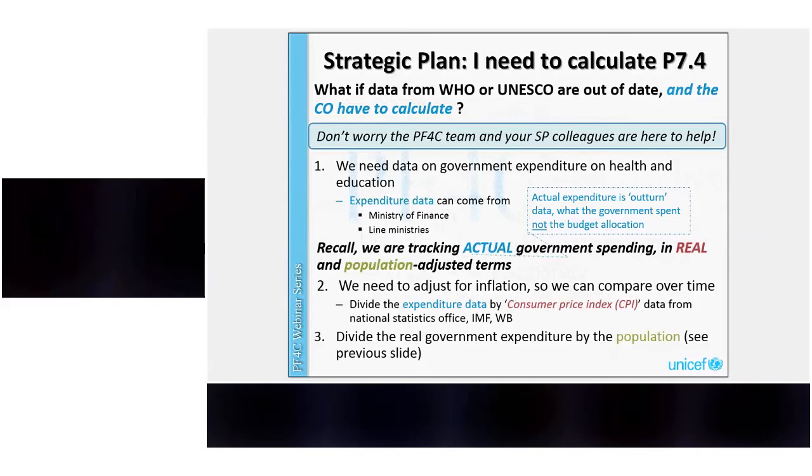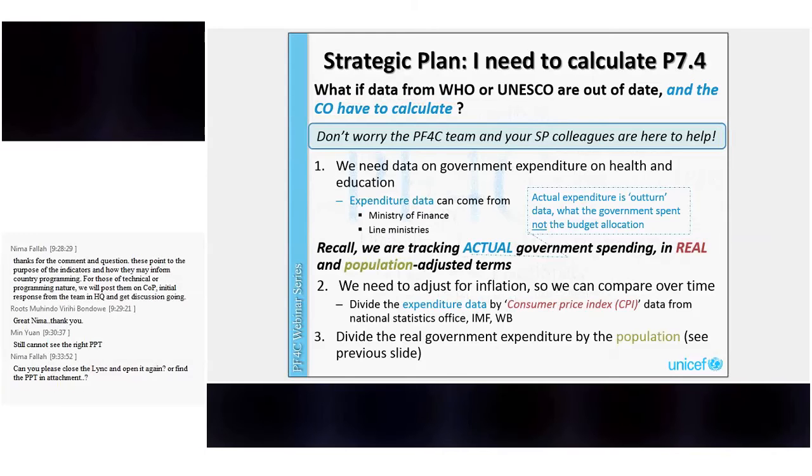I'm sure your social protection colleagues will also help you, but anyway, we're all here to help is the message. Now, you take your total expenditure, you divide it by the CPI, and then you also need to divide by the population. This is really very easy for you to do. It just sounds a lot more complicated.